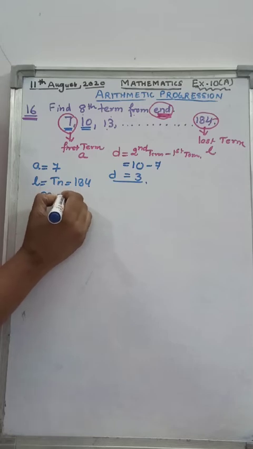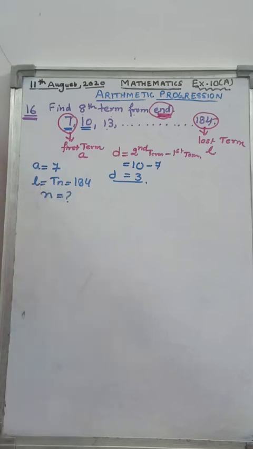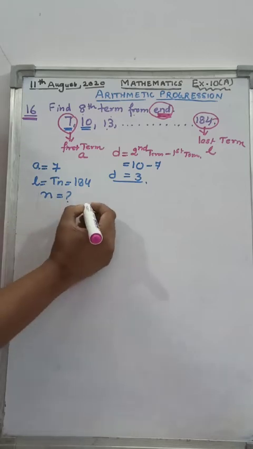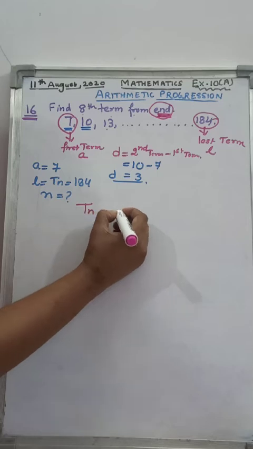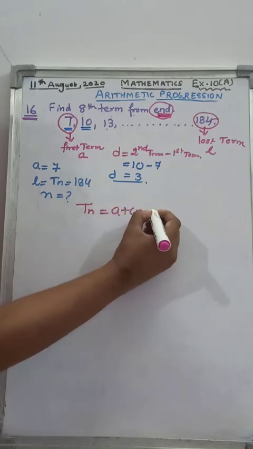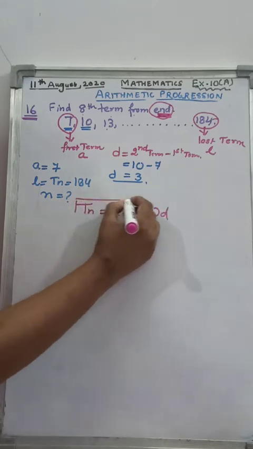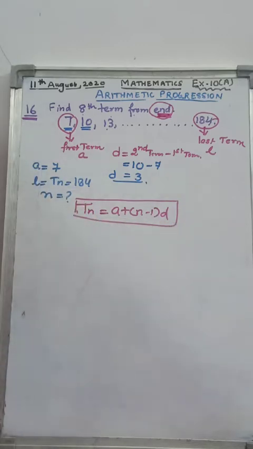So first of all, we will find the number of terms. How many terms are there in this question? What is the formula for the Tn term? Tn equals A plus (n minus 1) into D. So let's substitute.